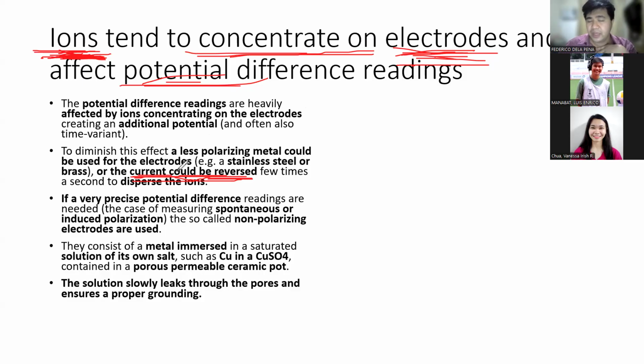They simply flip the polarity of the current, or change the direction of the current. Or you can use metals which are less susceptible to polarization, like stainless steel or brass, right?